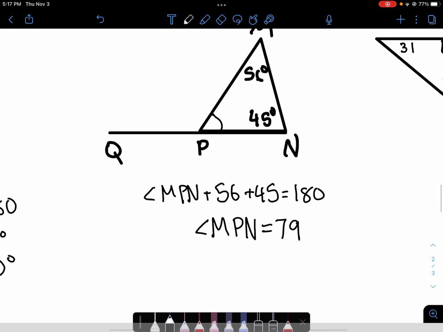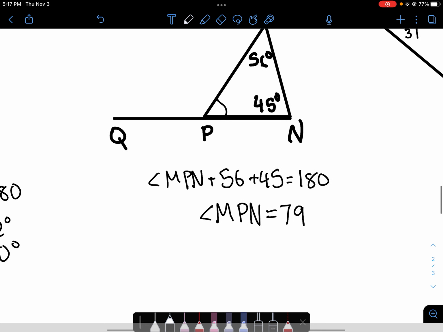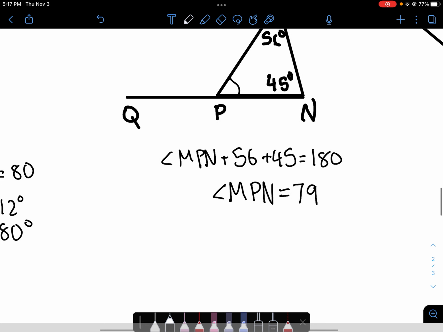Well, not really the sum of angles in a triangle, but we use that to solve for MPN, and once we found MPN, we can use that, knowing that QN is a straight line, to find QPM or MPQ. So I would prefer to just do 180 minus MPN, which is 79, and that's 101.